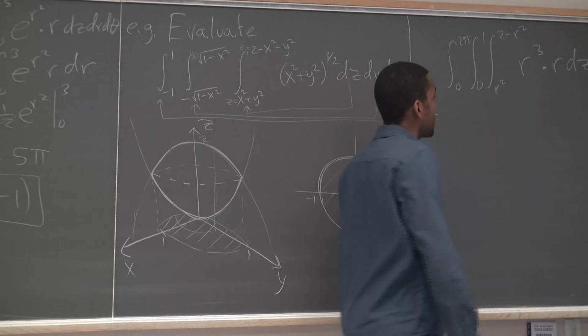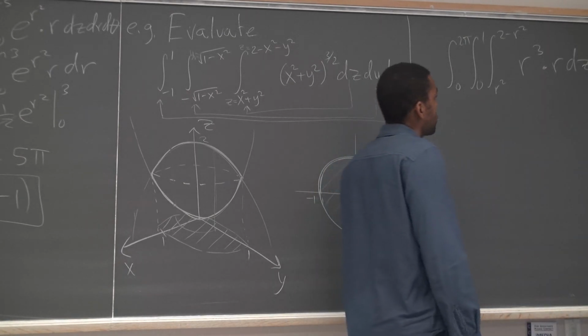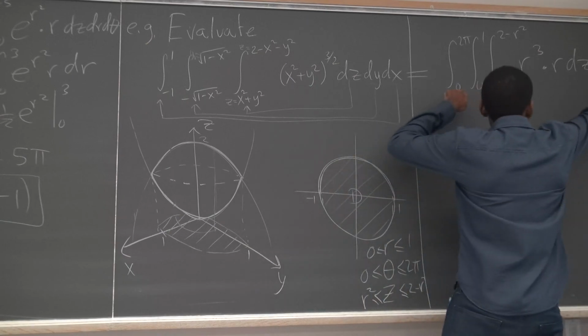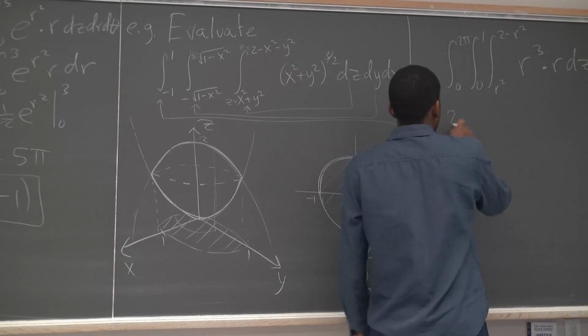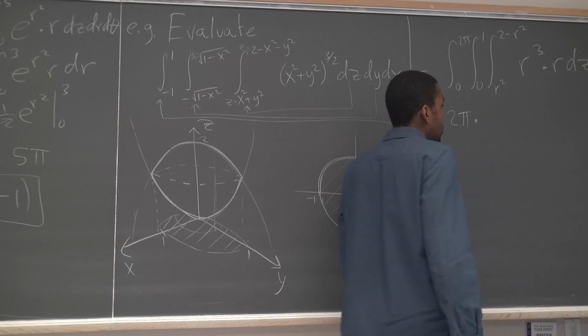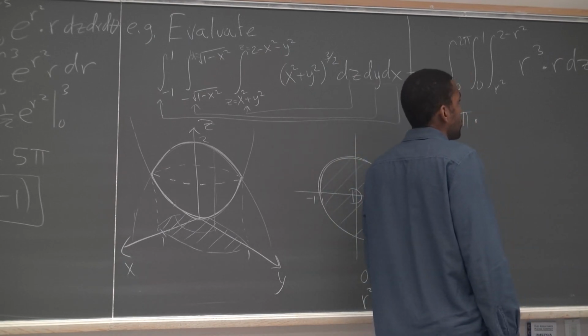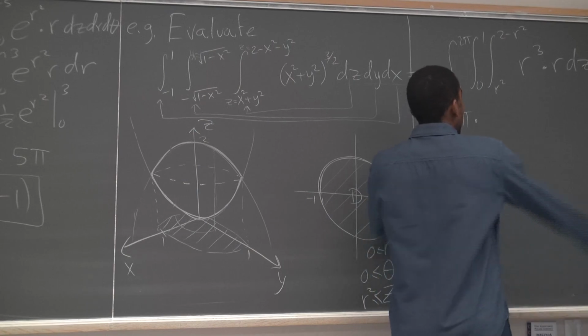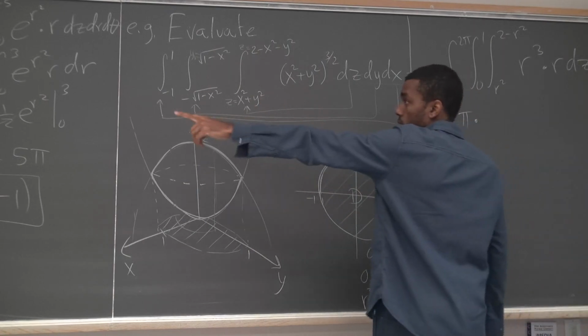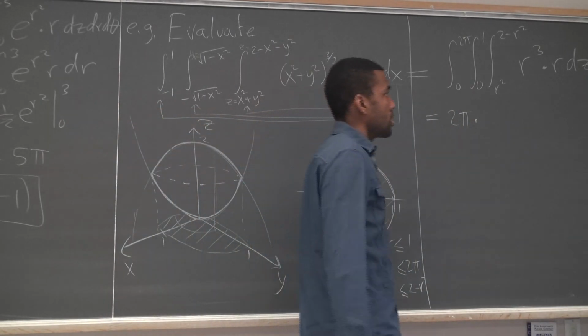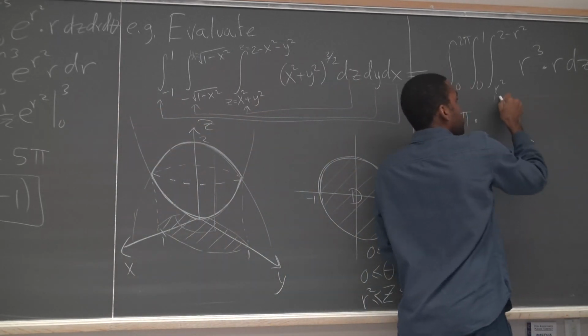Okay, how do we do this? Well, I know the theta is going to give me a 2 pi because there's no theta involved anyway. So I can just take those out. Why can't I do what I did with the z last time and just take that out? Right, because my z includes r values.